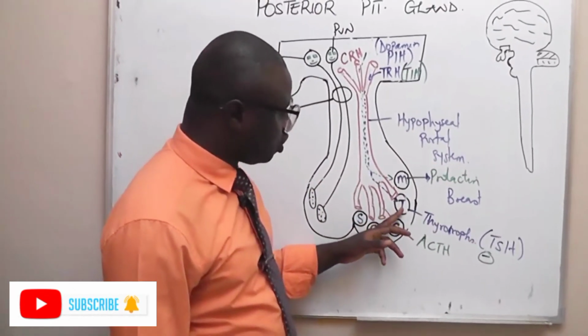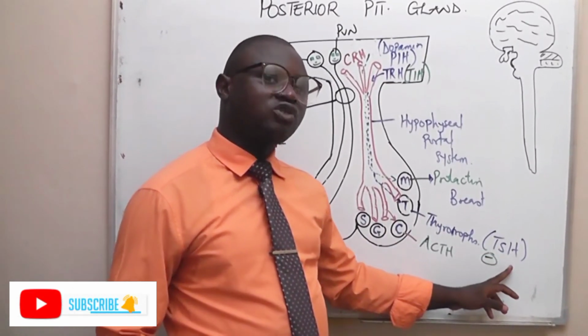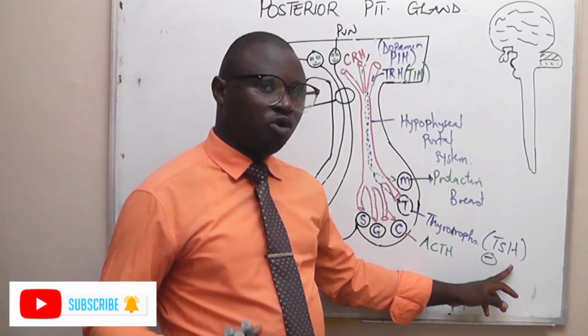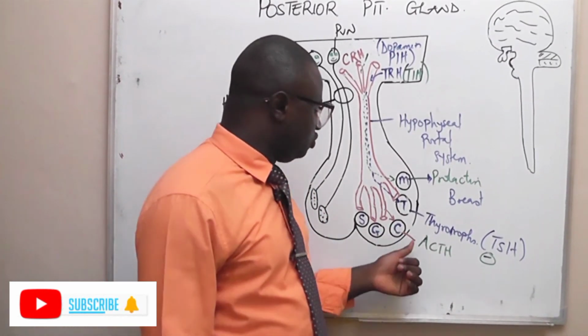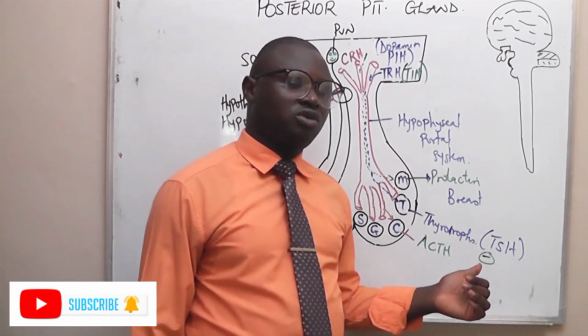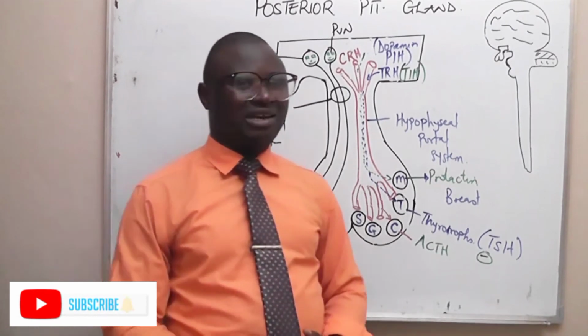Then the thyrotroph causes the release of TSH that acts on the thyroid gland to produce more T3 and T4. Then the corticotroph produces ACTH, adrenocorticotrophic hormone, that actually acts on the adrenal cortex.